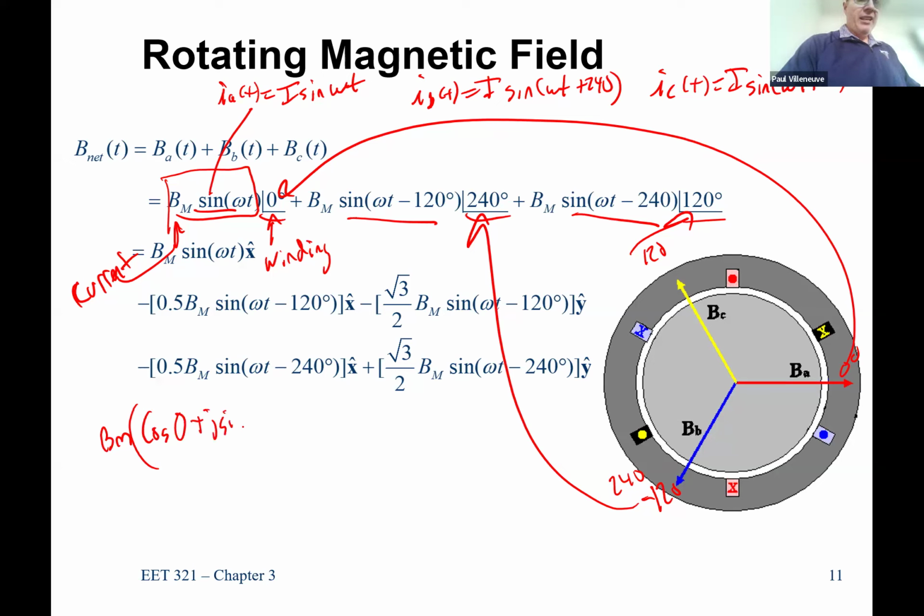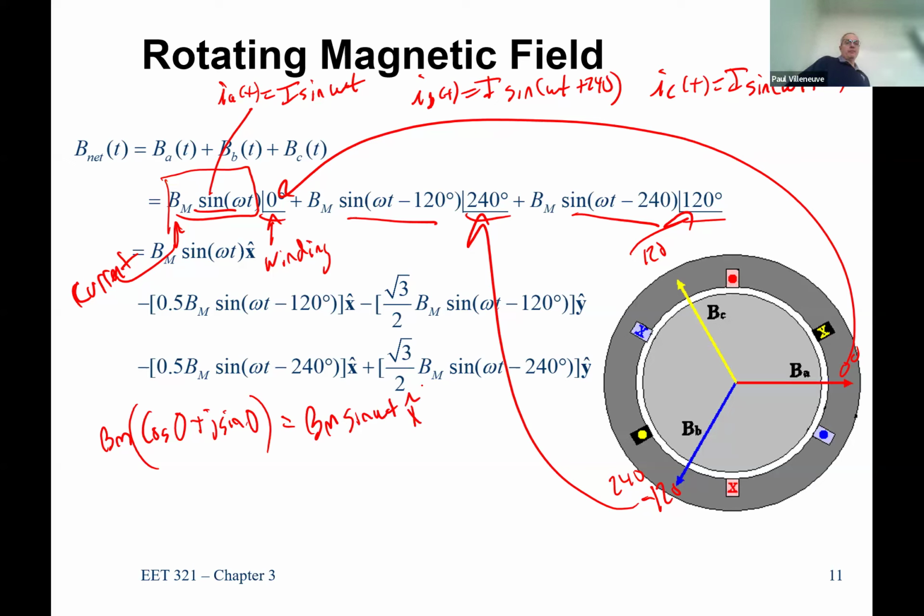Plus J sine 0. What's the cosine of 0? 1. What's the sine of 0? 0. So this here is just going to be equal to BM times the sine of omega t, and it's only going to be in the x direction.